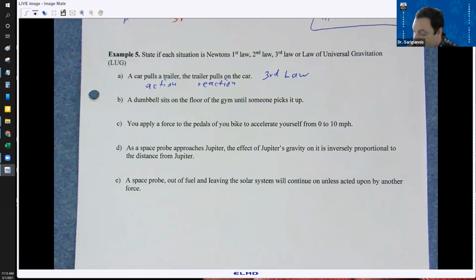Okay, let's go to letter B here. I'm going to relaunch the poll. A dumbbell sits on the floor of the gym until someone picks it up. Which of Newton's laws, three laws, four if you include the law of universal gravitation? It sits on the floor until someone picks it up. What is that referring to?